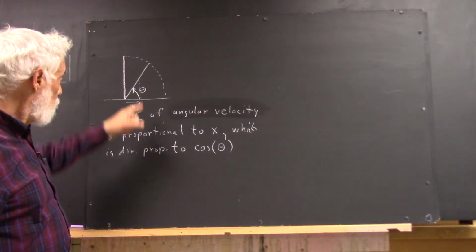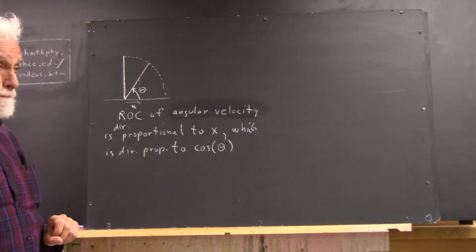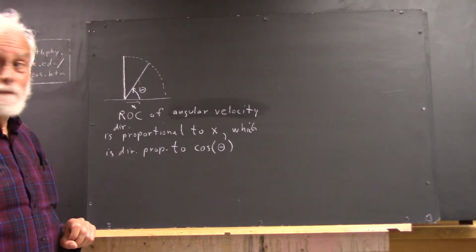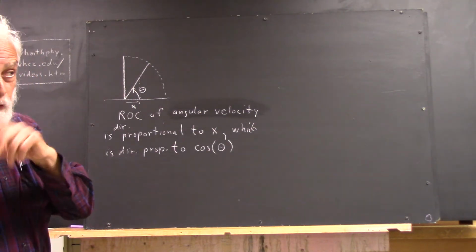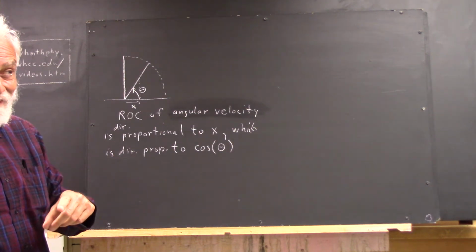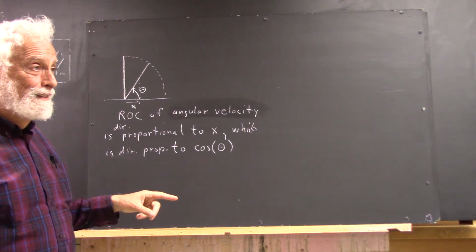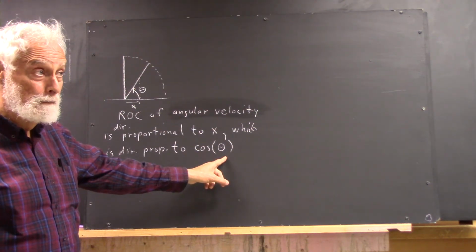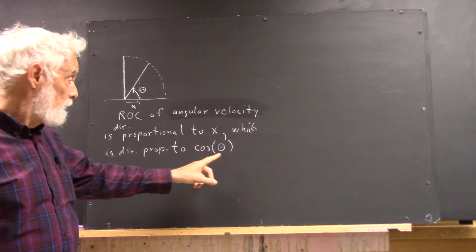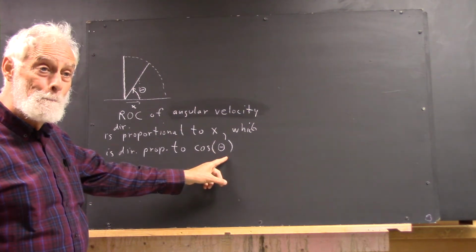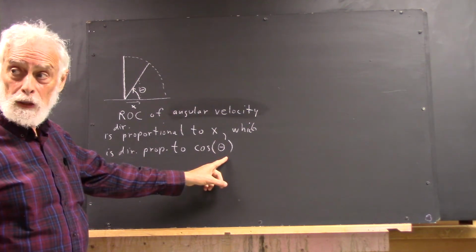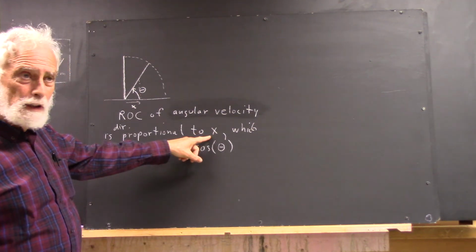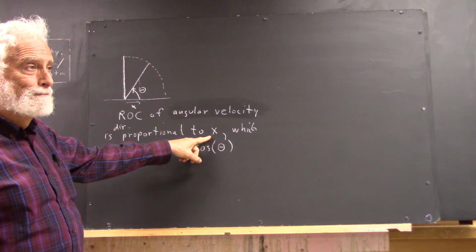Which means, well, let's see, if you know the angle, what can you calculate? Give you a hint, I just told you. You know the angle. You can calculate the cosine of theta, right? Yeah. Well, if you can calculate the cosine of theta, then you've calculated what? Well, it's going to lead you to be able to calculate x.